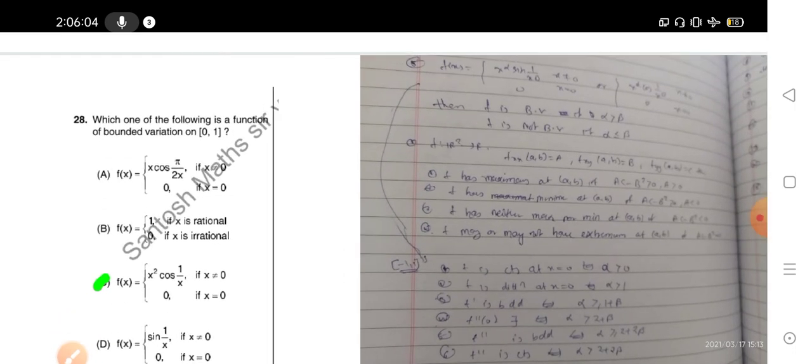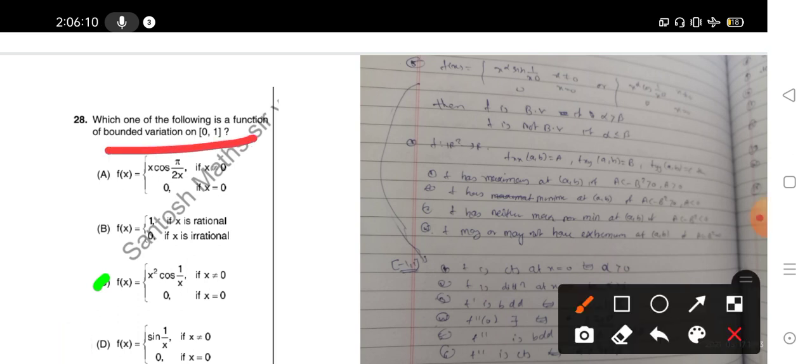Next question: which one of the following is a function of bounded variation on 0 to 1? Here is one result.